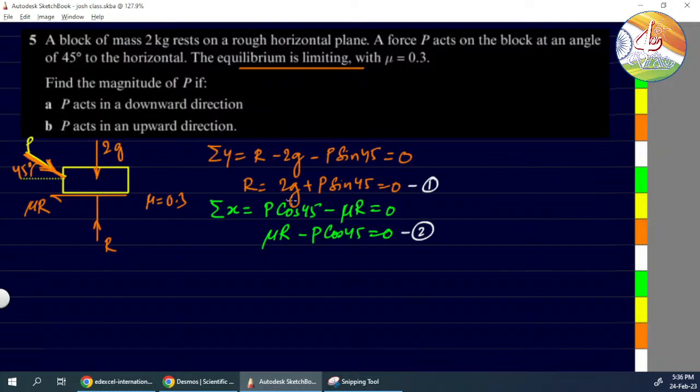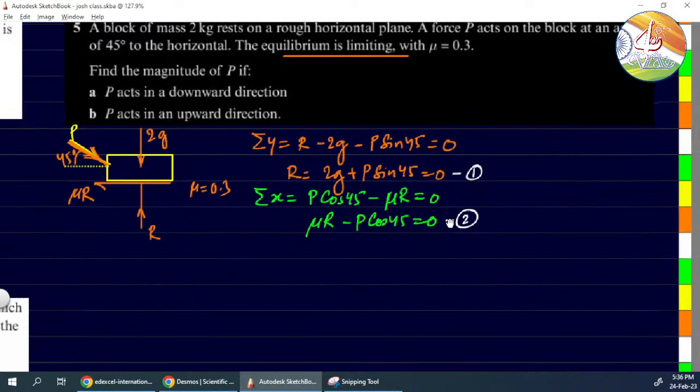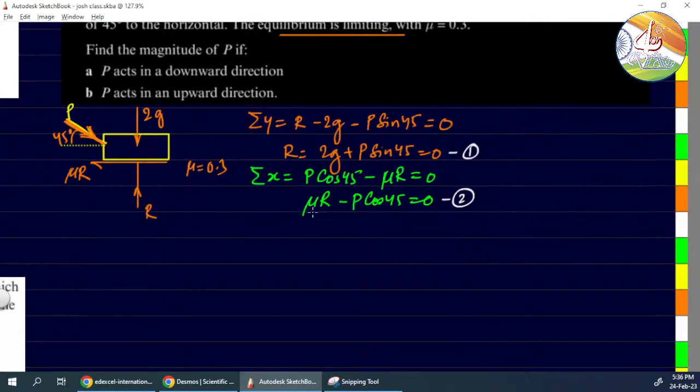So these two equations we need to solve. Yeah, so r value, let us substitute here. If you substitute r, mu is 0.3 times r is 2g plus P sine 45, then minus this term, let's take it to the other side, we get P cos 45, correct?